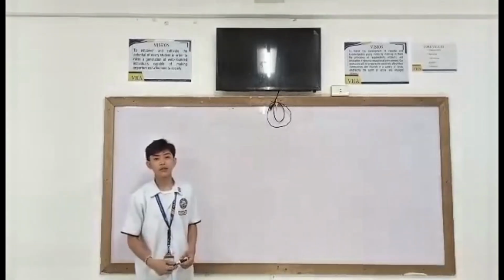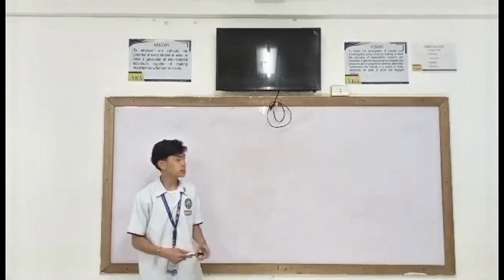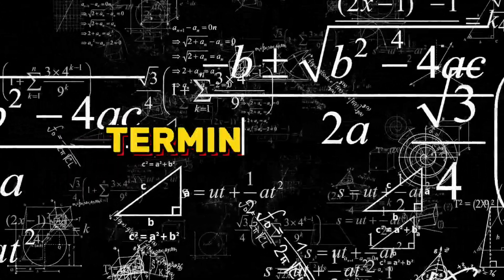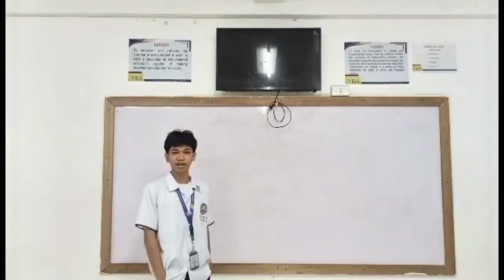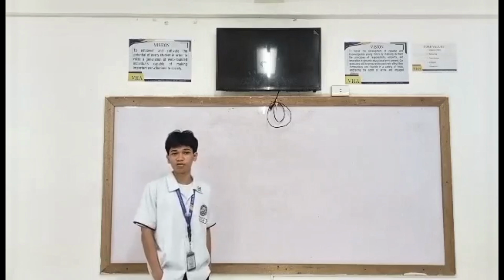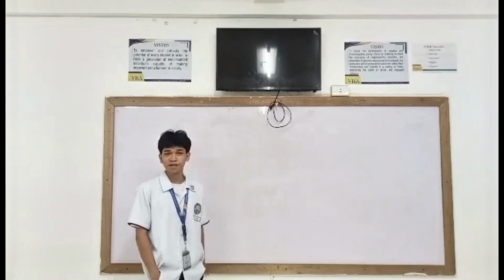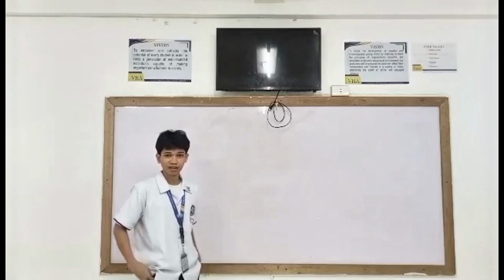So let us now have lecture number 2 to discuss the terminologies used in this topic. Good day everyone. Today we're going to cover key terms about antiderivatives that will make solving problems easier. Number 1.